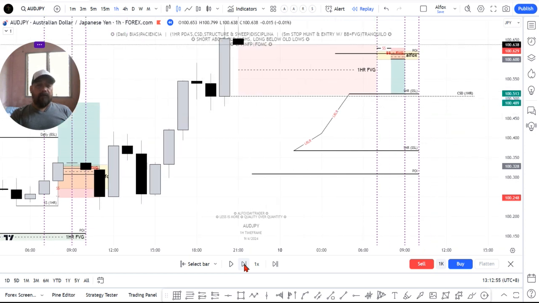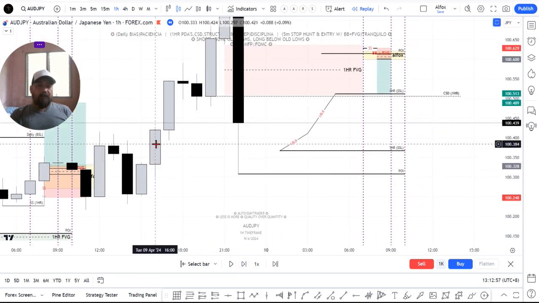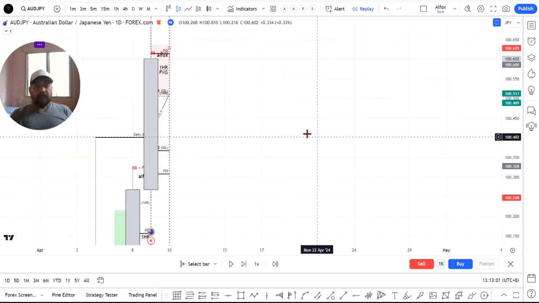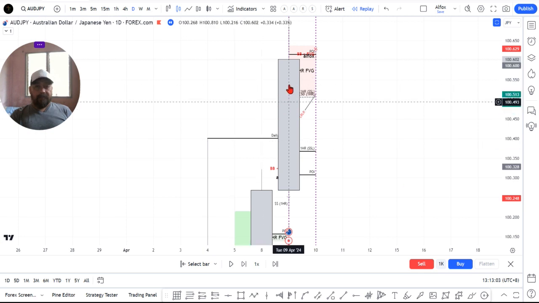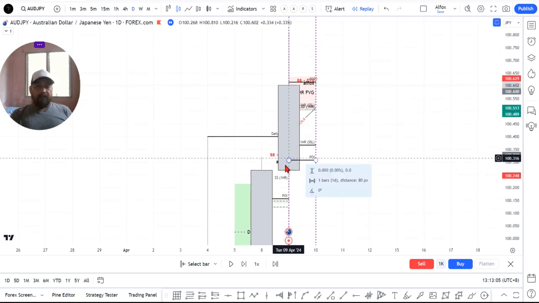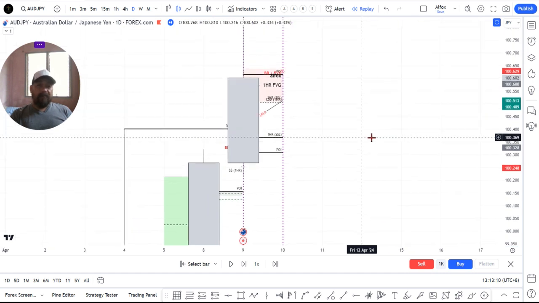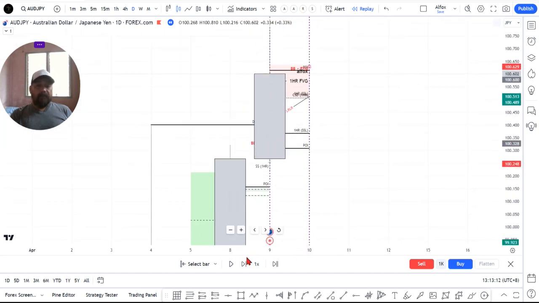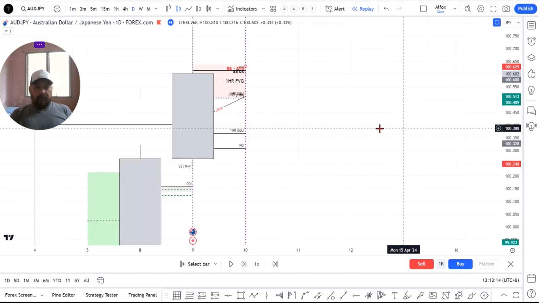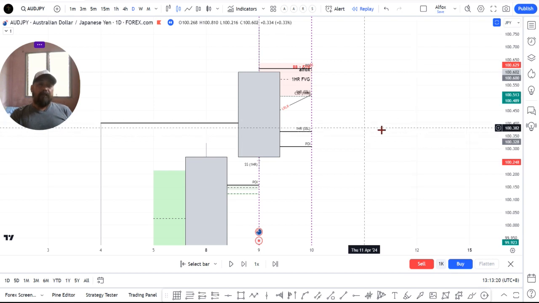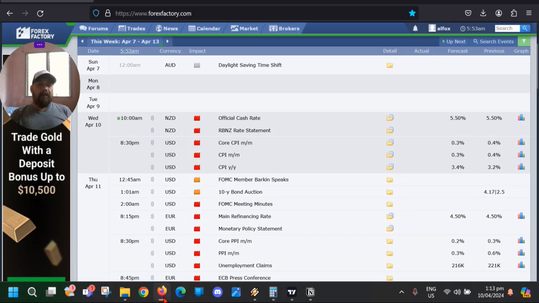Now, go back to our daily time frame. This was yesterday. Price ended up very bullish. So that's okay, we lost a trade. Now, this morning when I woke up, it was the same routine. I check our calendar.